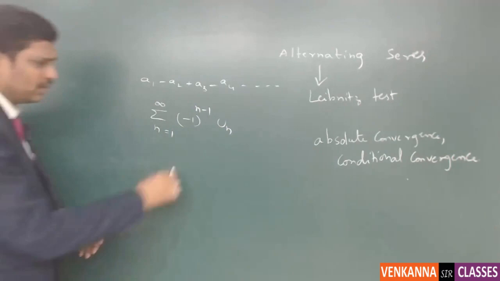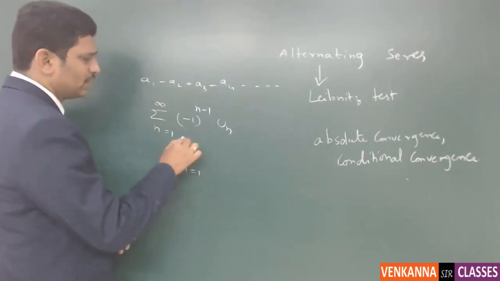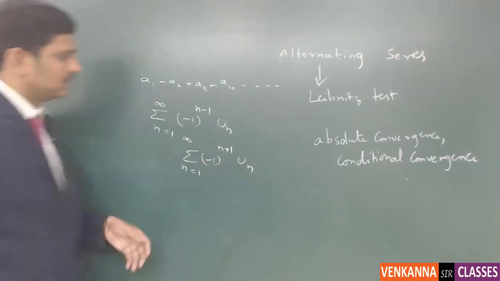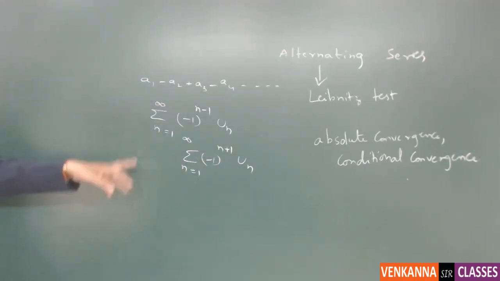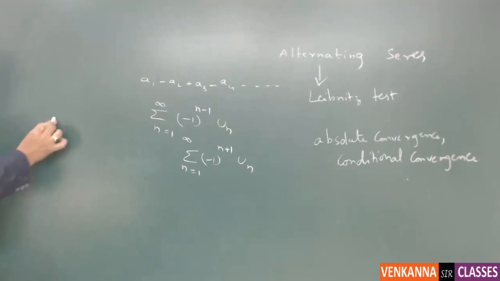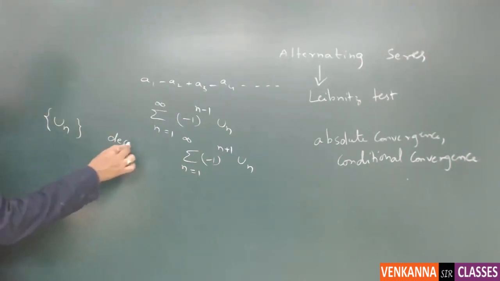You can also write summation n equal to 1 to infinity minus 1 whole power n plus 1 un, because usually the first term will be positive, then negative, and so on. And the statement of the Leibniz test is: the sequence un must be a decreasing sequence.